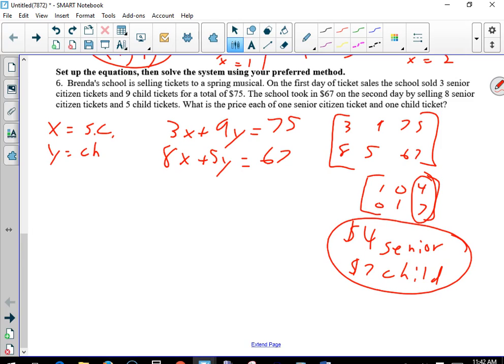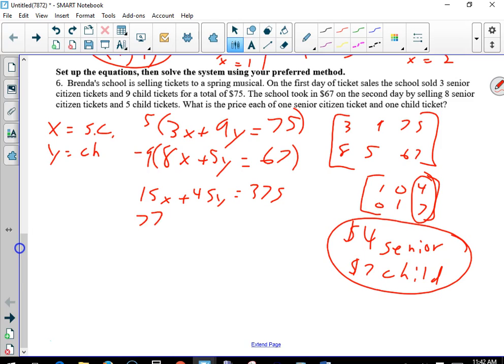If you're going to do it as elimination, you pick x 24, negative 24, y 45, negative 45. I'll do it with 45, negative 45. So 5 times 3 is 15. 5 times 9 is 45. And 75 times 5 is 375.